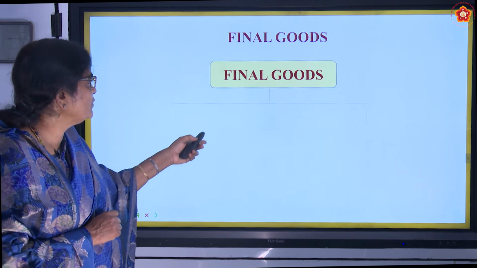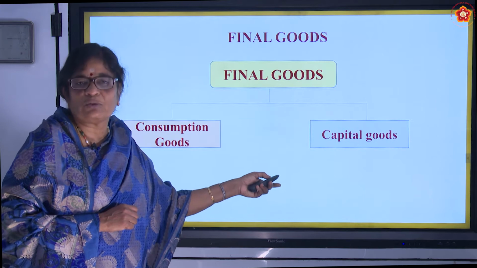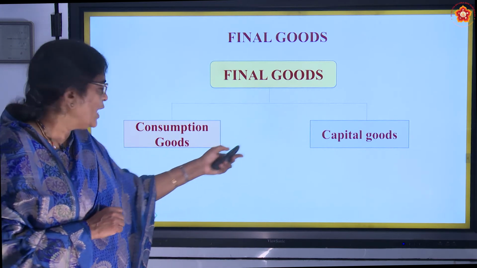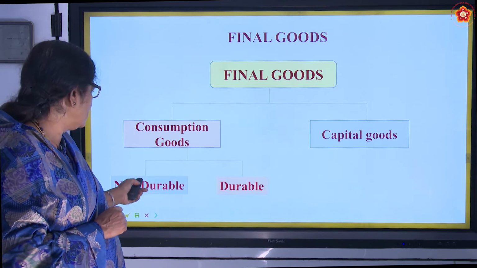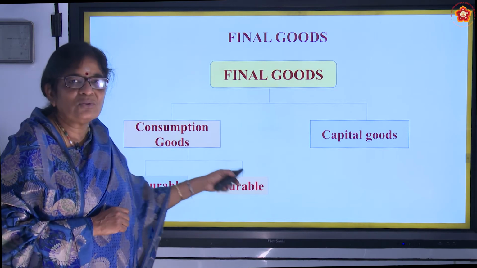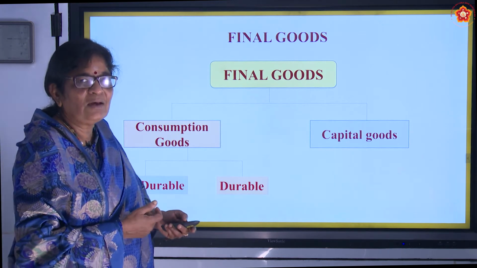And final goods we can divide into two kinds, consumption goods as well as capital goods. Consumption goods are again divided into two parts, that is non-durable and durable. Non-durable consumption goods mean all the foods and fruits.